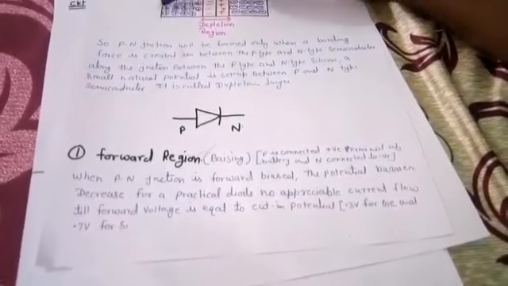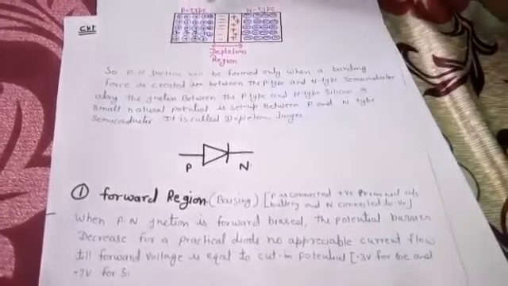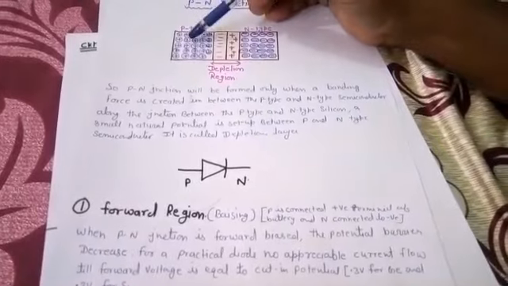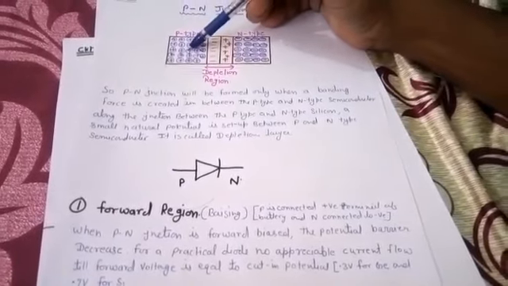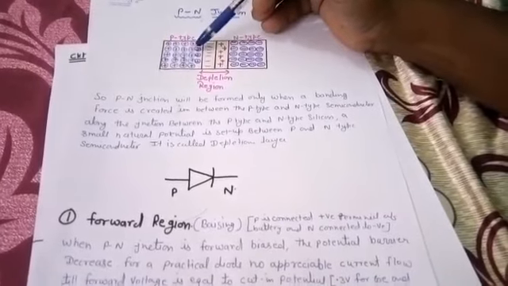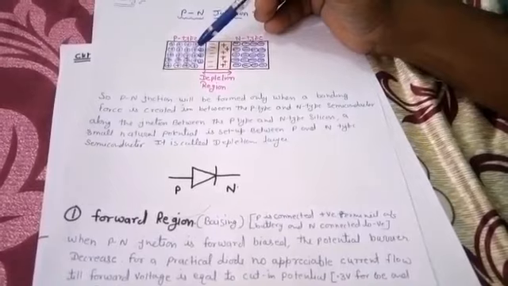It means when we apply the forward bias, if the semiconductor is germanium, then before 0.3 volt no current will flow, and for silicon, before 0.7 volt the current will not flow.